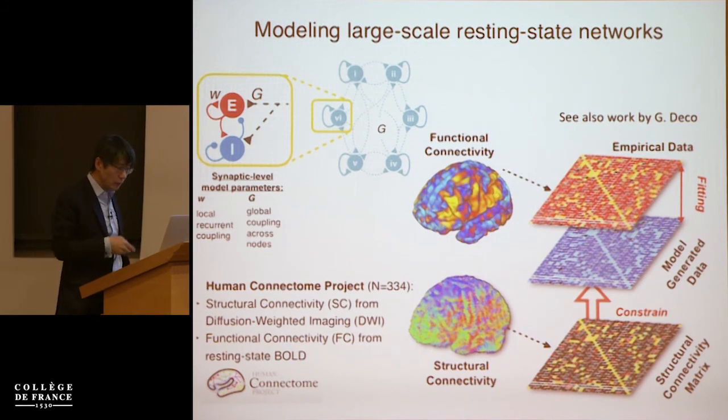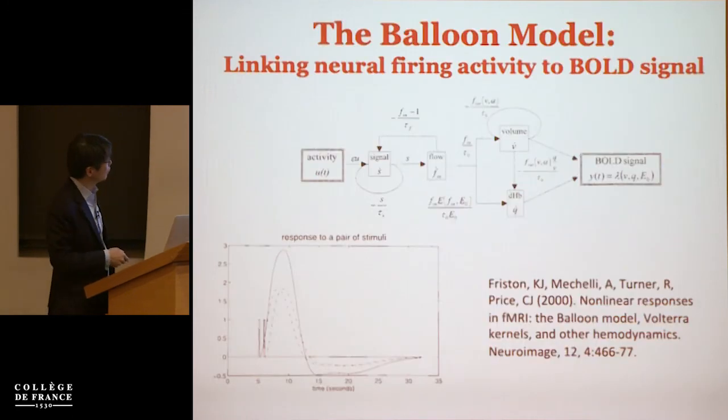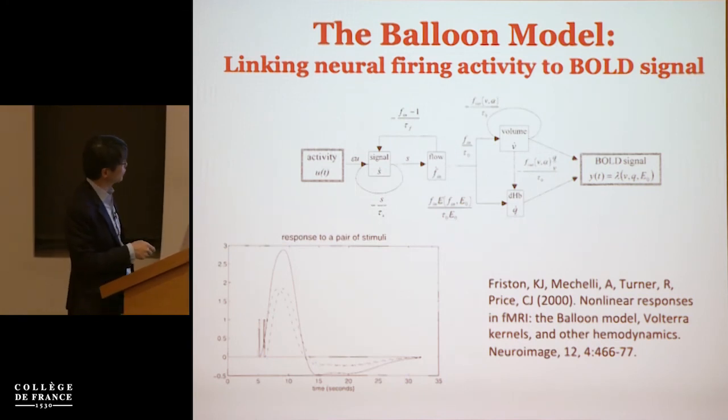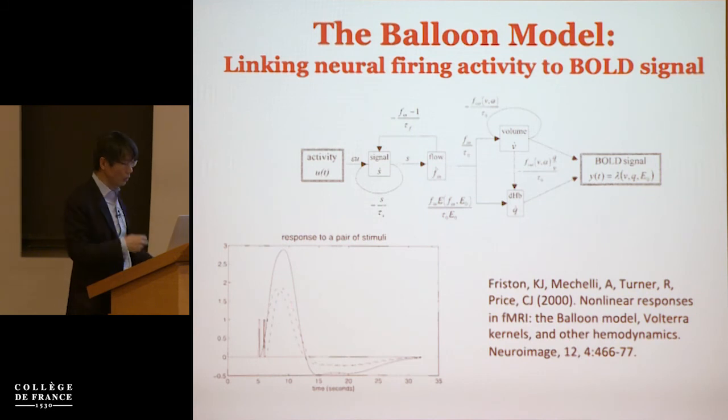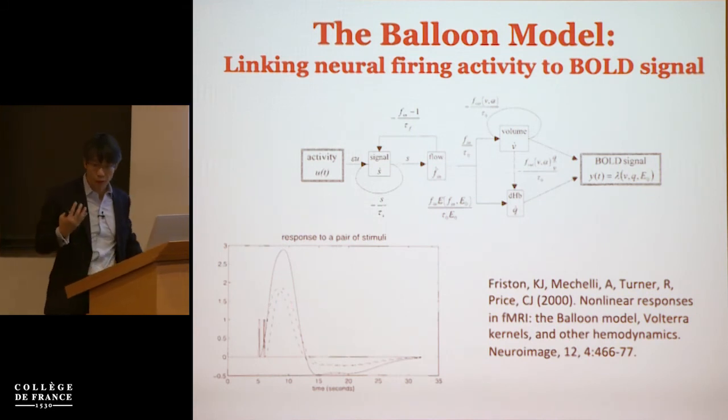So one step in this process is to convert, say, the firing rates or whatever you have in the model into the BOLD signal. And that can be done using the so-called balloon model, developed by Karl Friston. So using this balloon model, you can actually compute the BOLD signal from the model and then compare with the real data.